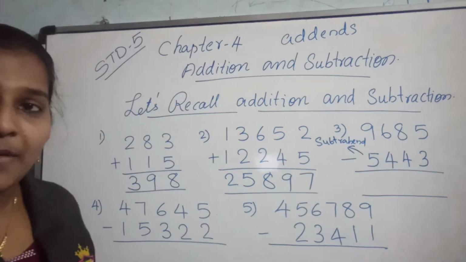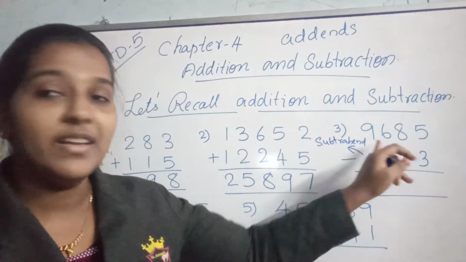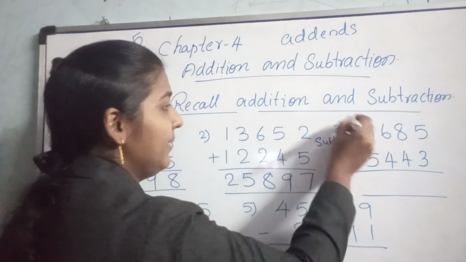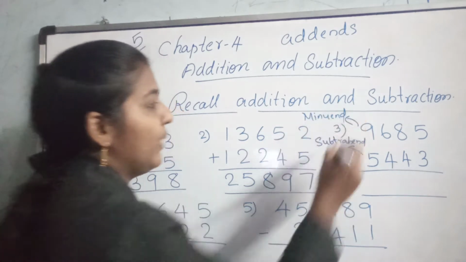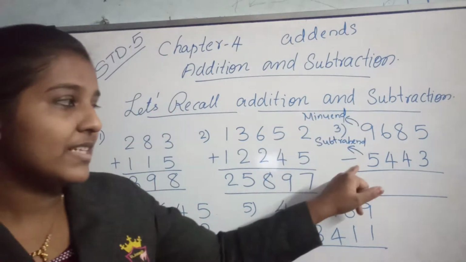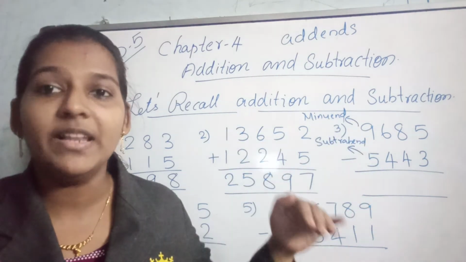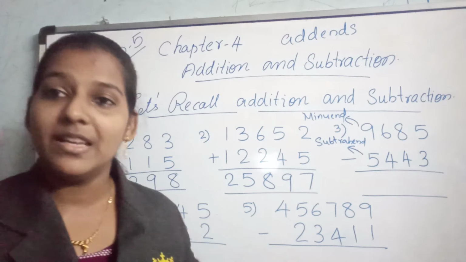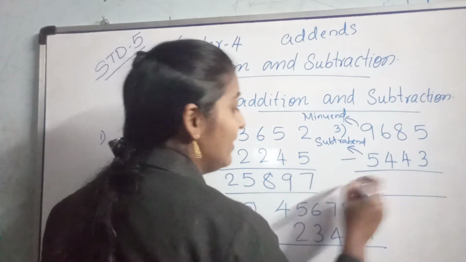And the number from which we are subtracting the subtrahend is called minuend, M-I-N-U-E-N-D. This is the subtrahend, this is the minuend, and the answer we get after subtraction is called difference.